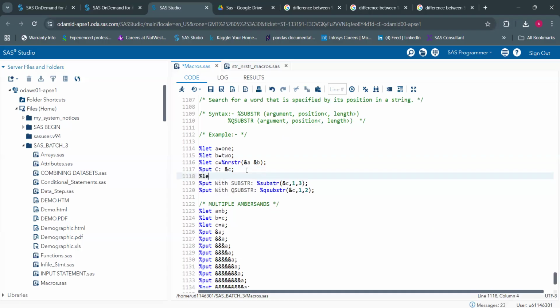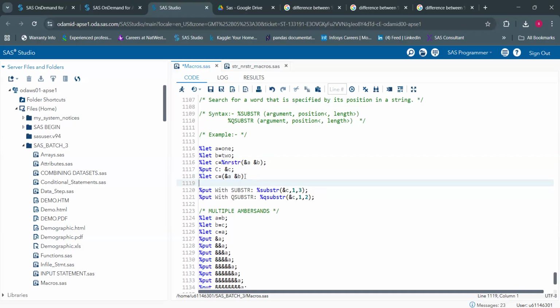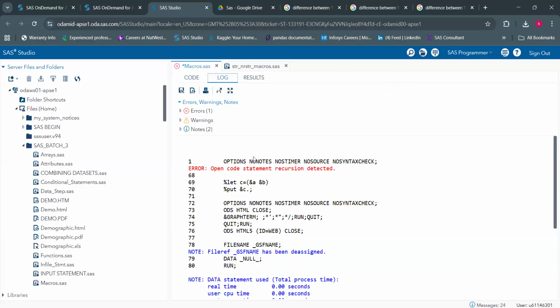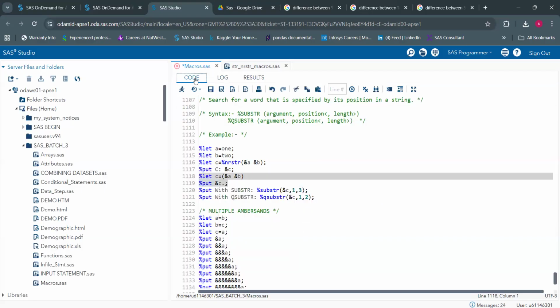Example, I'll use percentage let C equal to ampersand A space ampersand B. Sorry, just a second.